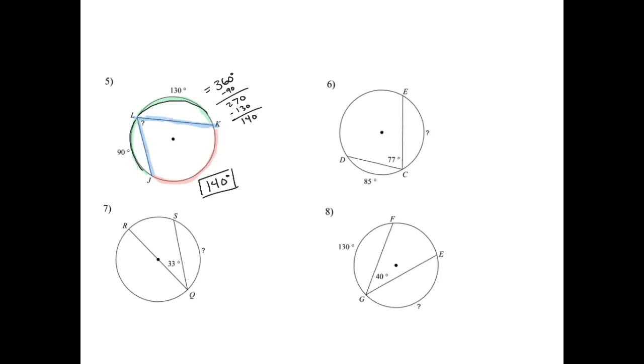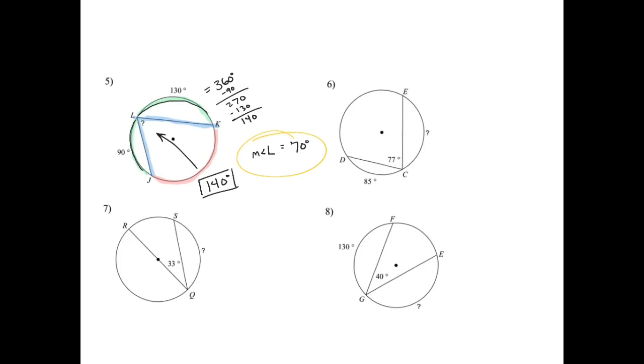So if that arc is 140 degrees, I know that the inscribed angle is half of that. So angle L, the measure of angle L should be half of 140, or 70 degrees. Cool. So the same thing, but you gotta find a little bit of information before you get going.